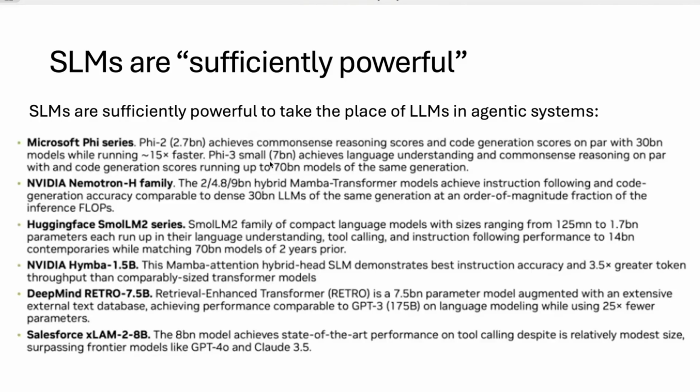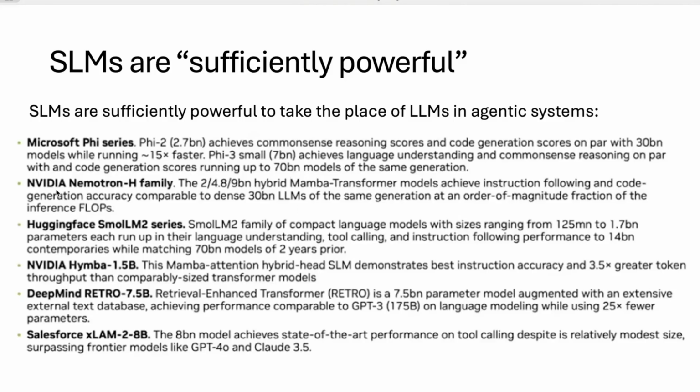And also the Phi-3 model, the 7 billion, is able to achieve language understanding and common sense reasoning on par with models of 70 billion of the same generation.